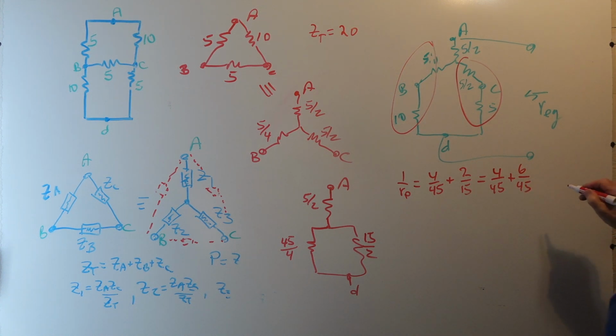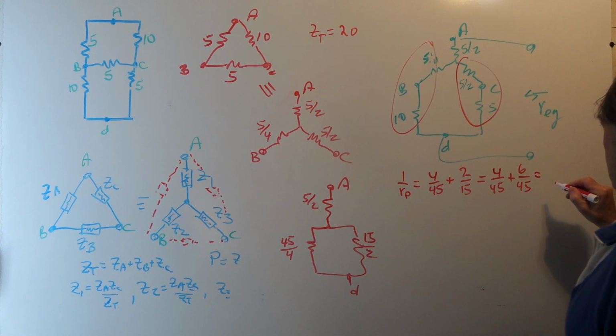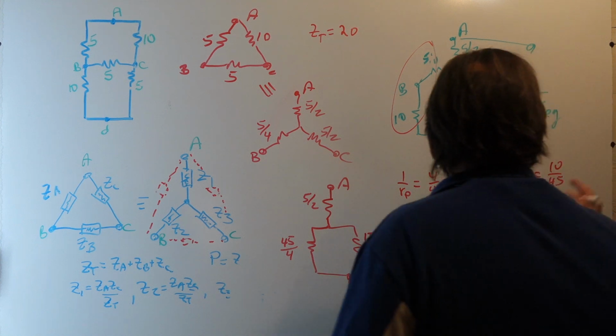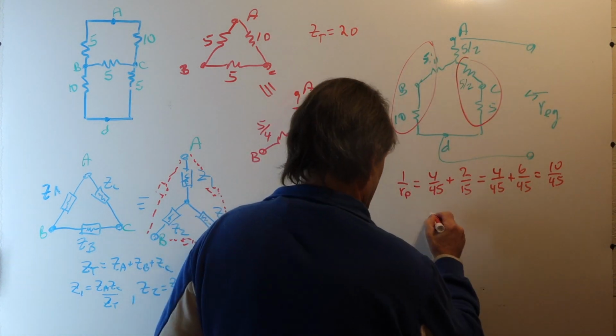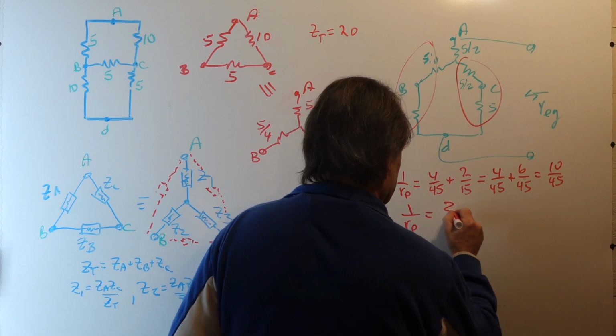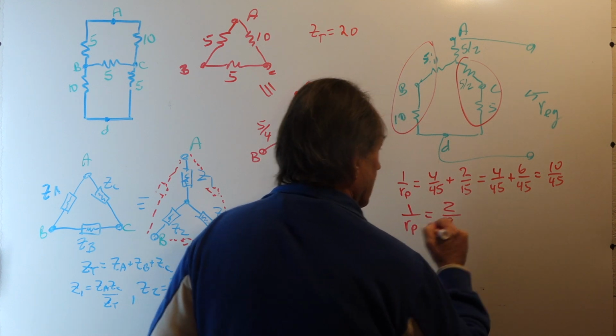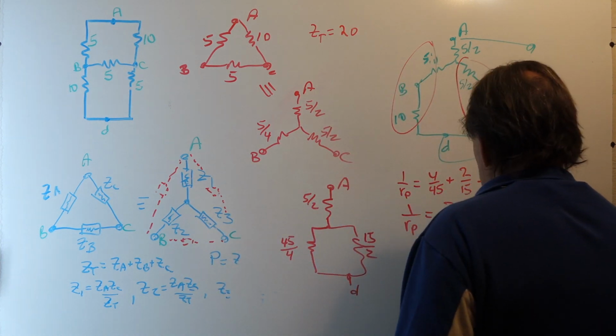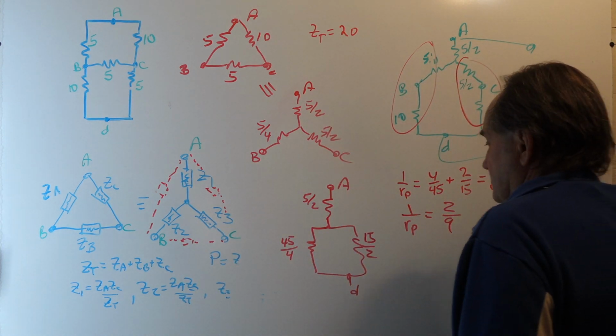That gives us the sum over a common denominator, so we have 10/45. Well, 10/45, numerator and denominator both have a common factor of 5, so this becomes 2/9. So RP then is a reciprocal, or 9/2.